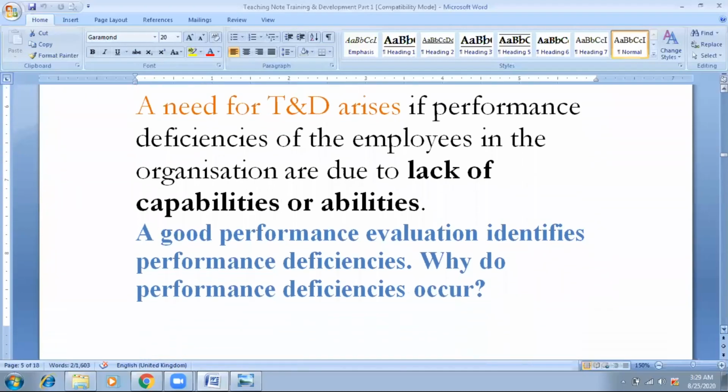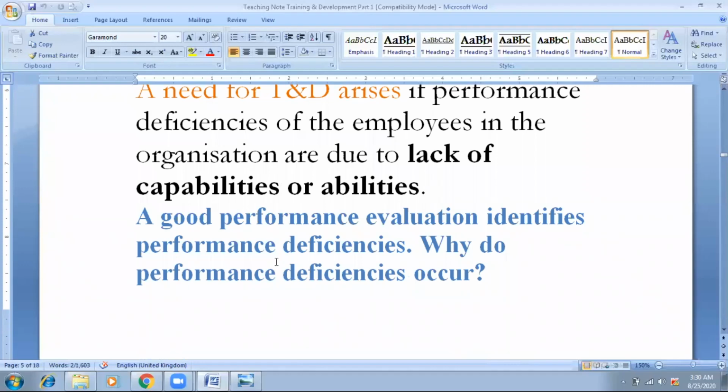A good performance evaluation identifies performance deficiencies. So I delivered in fact 2 sessions on performance evaluation. So please learn those 2 sessions, because performance evaluation is a very important function of human resource management for the development, for the survival of the organization.